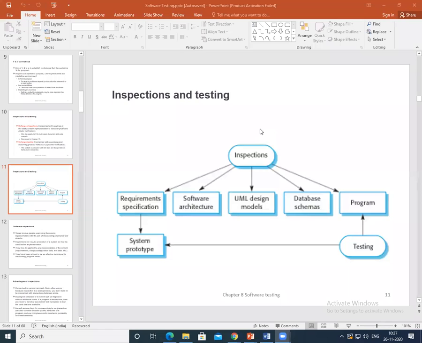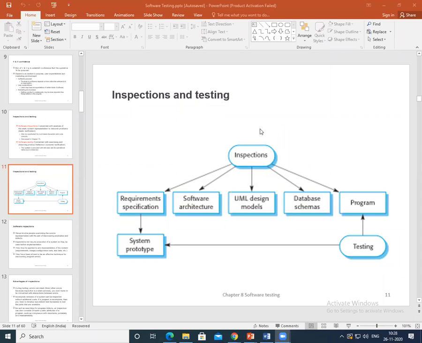You could inspect the requirement, or you could inspect the design of the model. When you inspect the system, you use knowledge of the system, perhaps of the application domain and the programming language, to discover the errors.